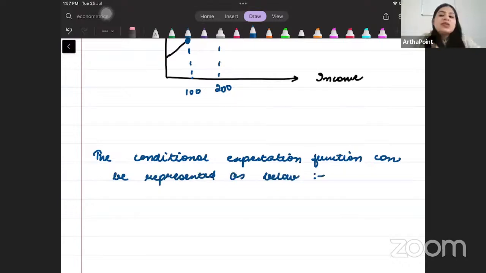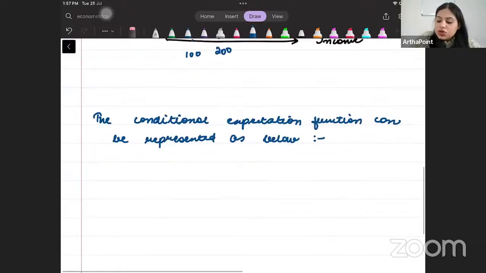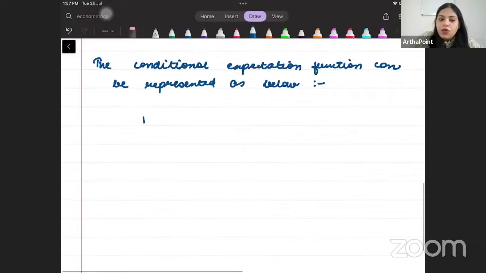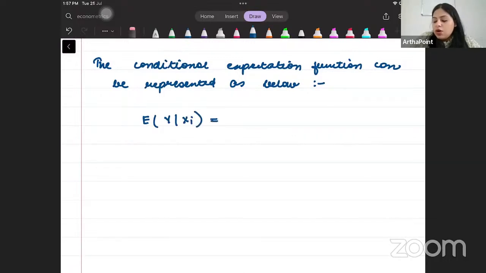And how can we represent the conditional expectation function, beta? E of y given xi is equal to beta naught plus beta 1 x. This is how we can write the conditional expectation function.